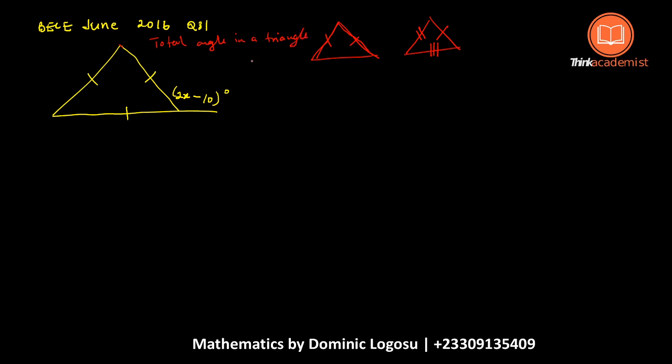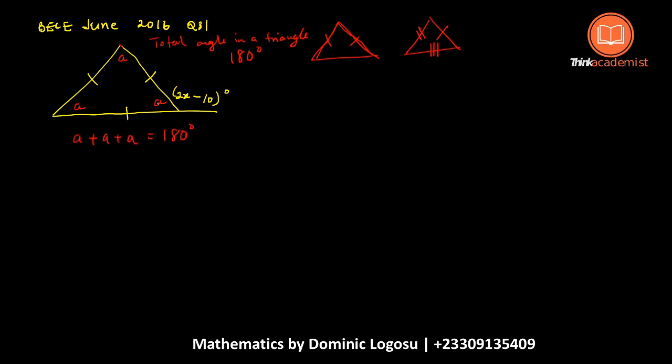If the stripes on the sides say they are equal, it means that if I put A here, A will also be here, and A here. How many A's do I have? 3 of them, right? But if I sum all these A's up, it should give me 180.